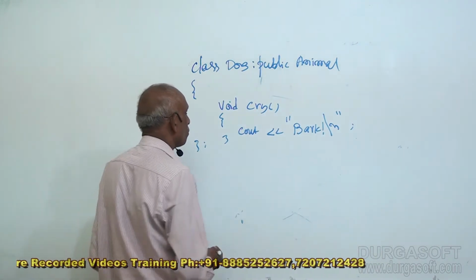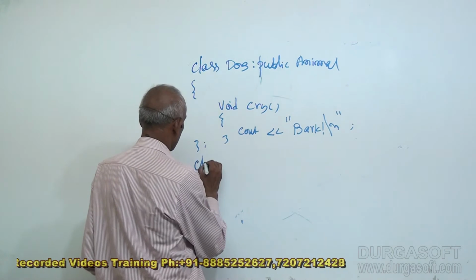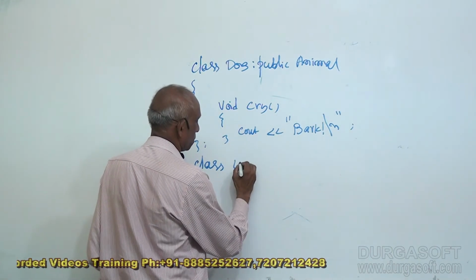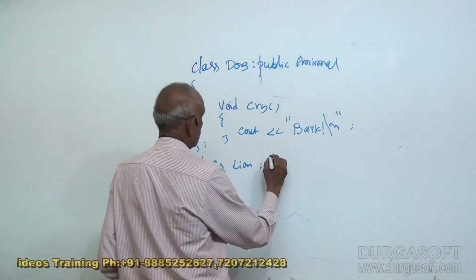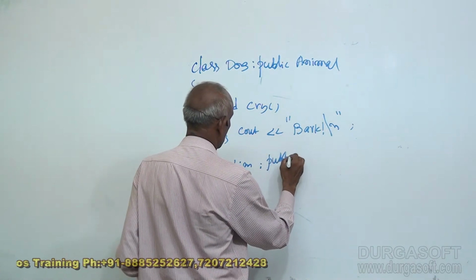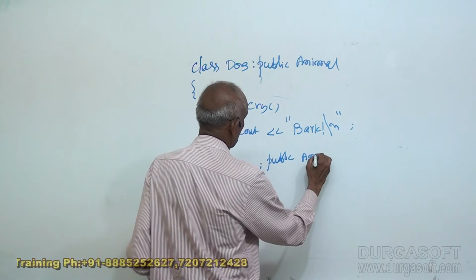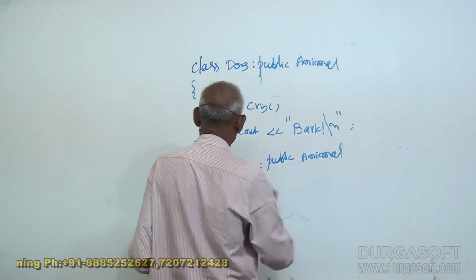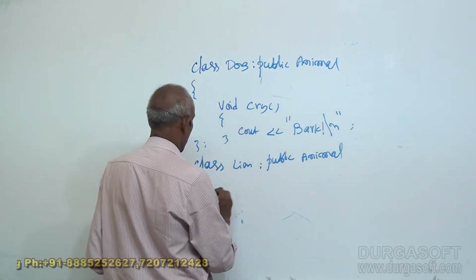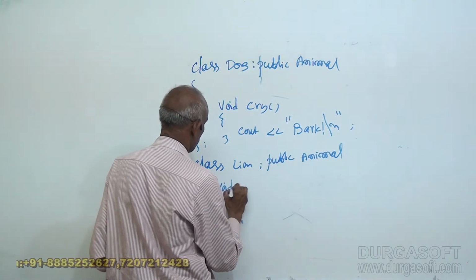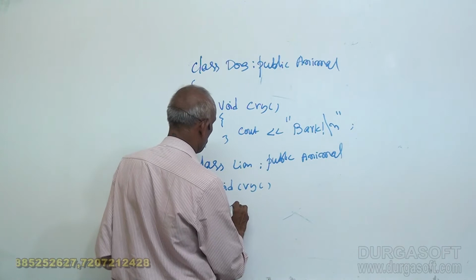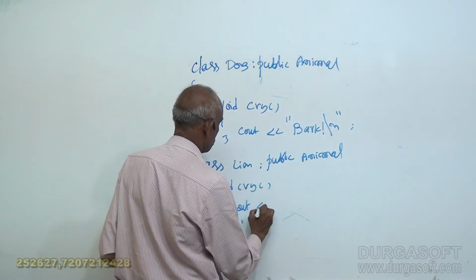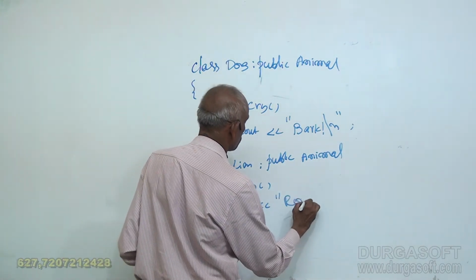Similarly, I can have a Lion, derived again from Animal, and its own version of cry. What will a lion do? Roar. Cout roar.